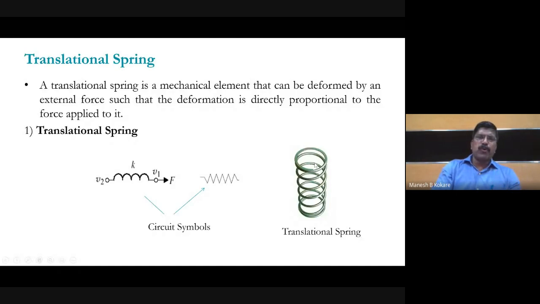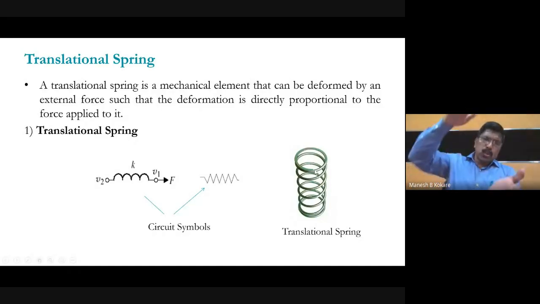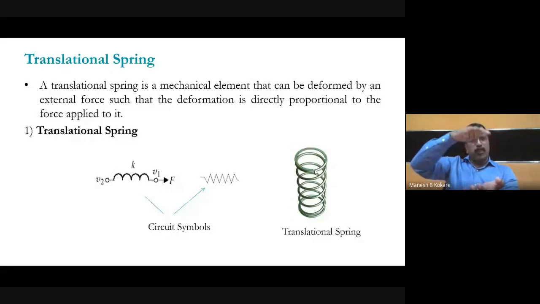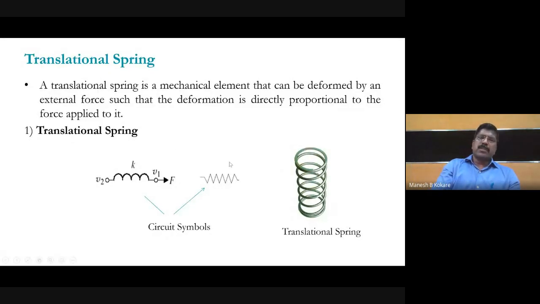When you apply force on this end, the spring gets compressed and there is linear displacement. When you release the force, the spring comes back to its original position. How much displacement there is for the applied force, we can calculate for this translational spring.